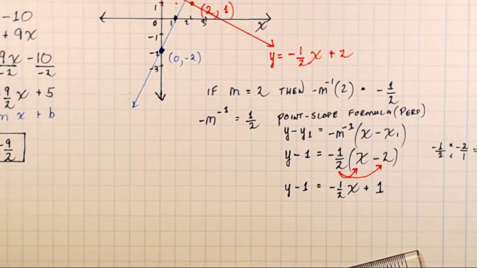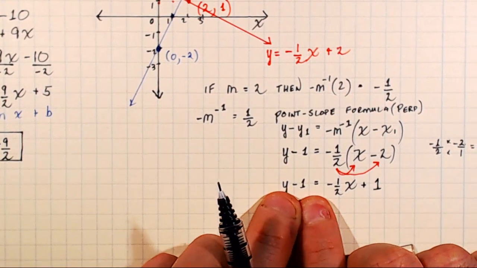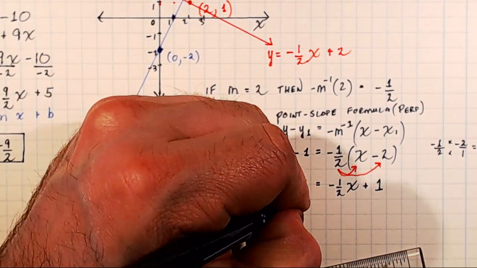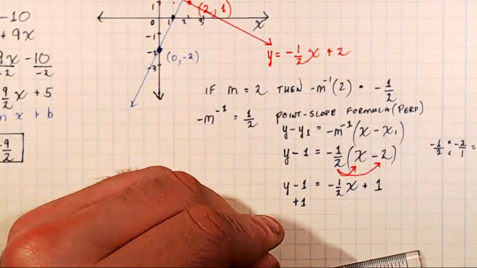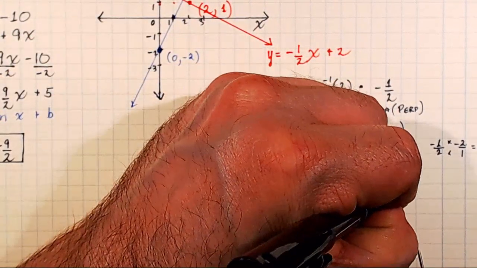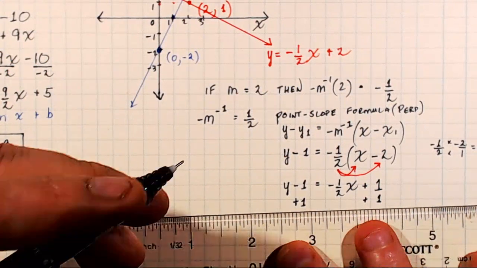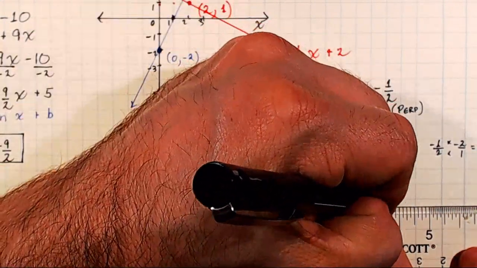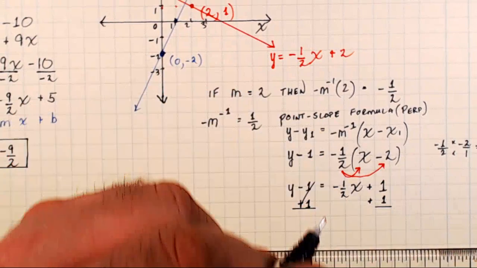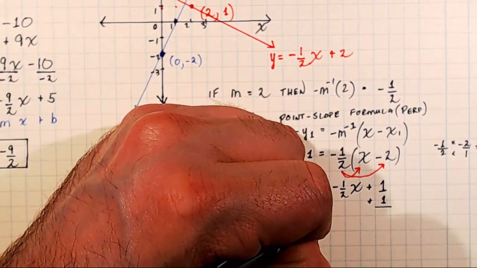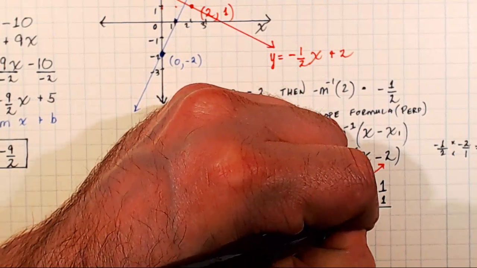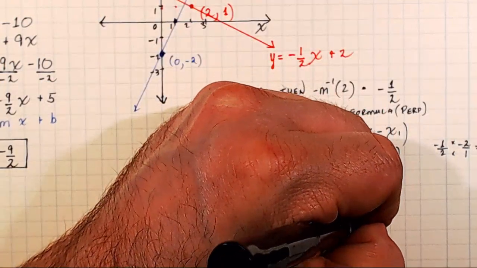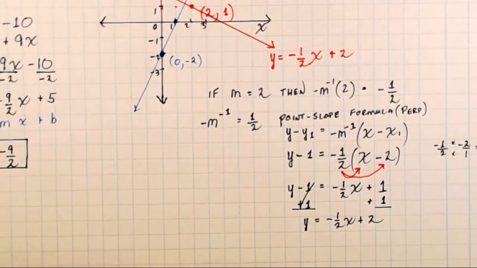Okay? So now my attention's focused back over here. I want y by itself, so I need to add the 1 from the left and then add it to the right, just like that. They cancel on the left, leaving y by itself. So y equals negative 1/2 x, 1 plus 1 is 2, so plus 2.